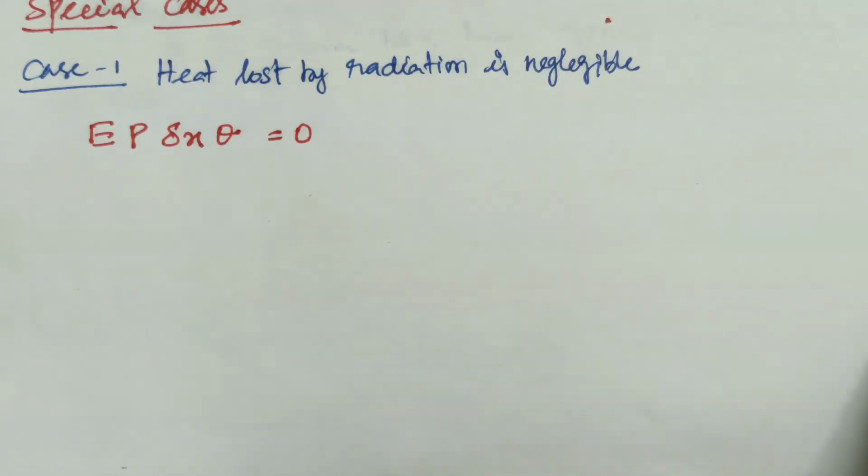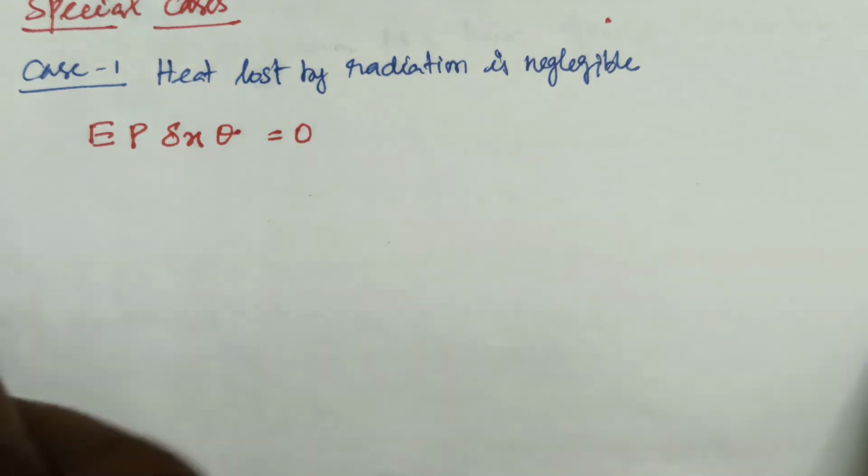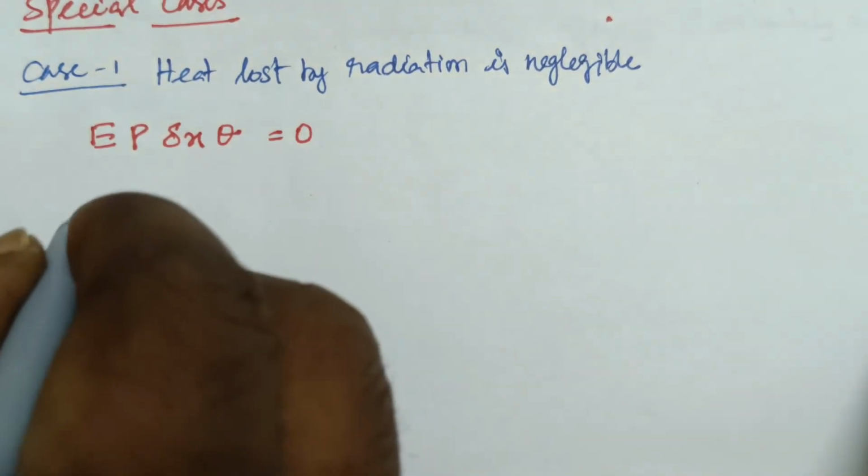அதனால் நமக்கு only டெம்பரேச்சர் ரைஸ் ஆகுது, எந்த விதமான ஹீட் லாஸ்ட்டும் இல்லை. So you can simplify the above equation.